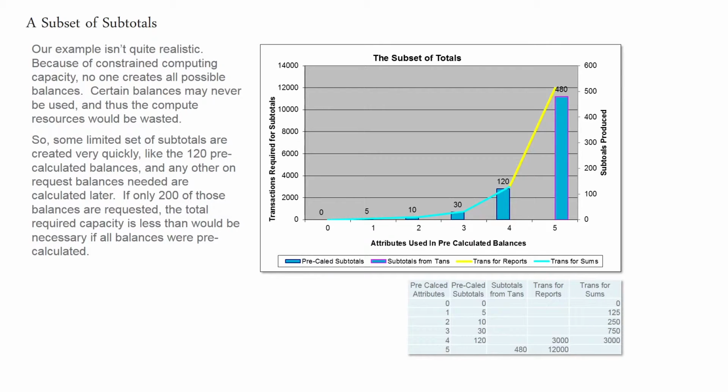You can see as we go across and add more attributes, there's more and more balances that can be made. When we go to attribute number 4, we're now making 120 possible balances. When we go to attribute number 5, our 120 balances now becomes 480. We have decided these critical set of attributes that we're going to use to make balances to control the business, and we're going to make them very quickly, and the number of balances made from them is quite small.